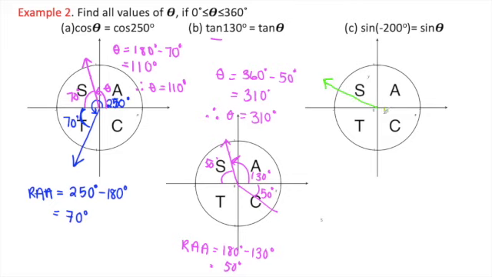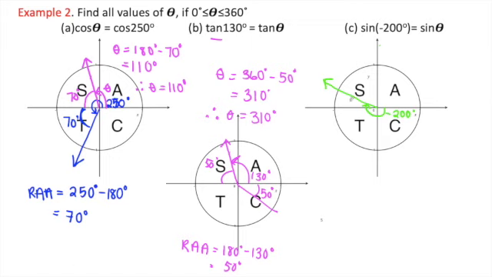So that is going to be your negative 200 degree angle, okay? But remember, this time we are not allowed to have one of our angles be negative, so we're actually going to find two principal angles because we have to be between positive 0 and 360. This is negative 200, okay?